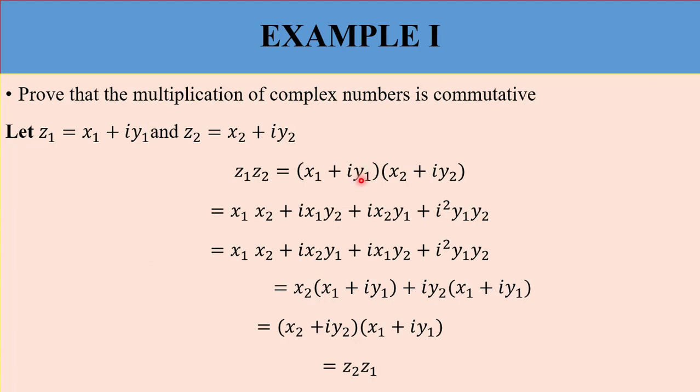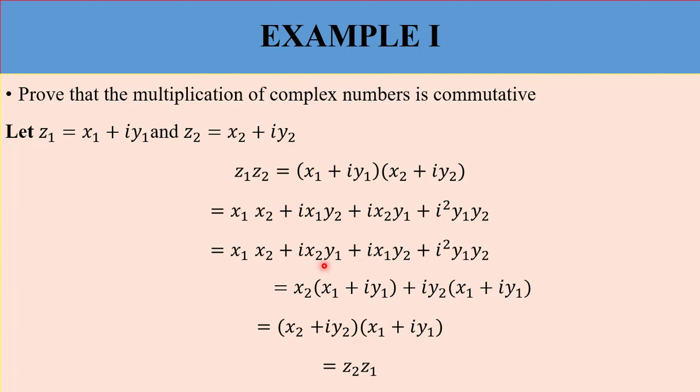Then the next will be iy1 times iy2, whereby i times i gives us i squared y1 y2. So we shall find that we have x1 x2 plus ix2 y1 plus ix1 y2 plus i squared y1 y2.